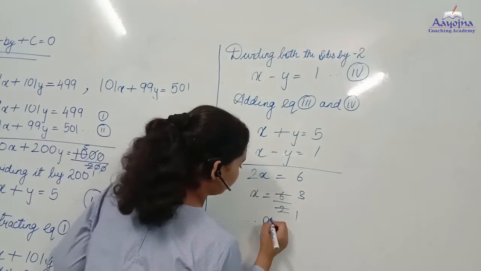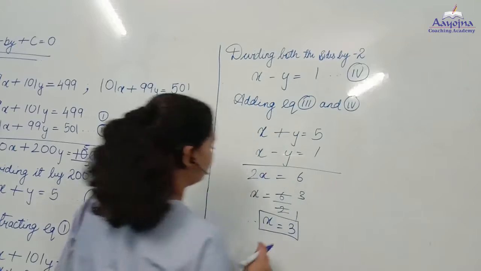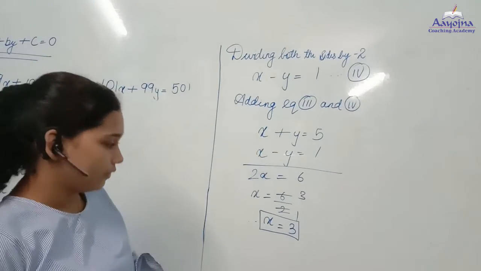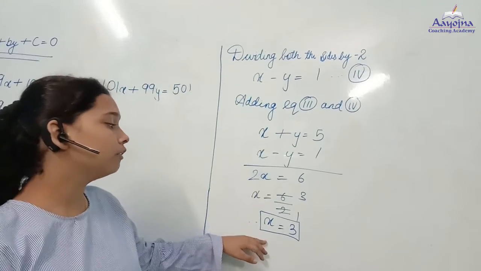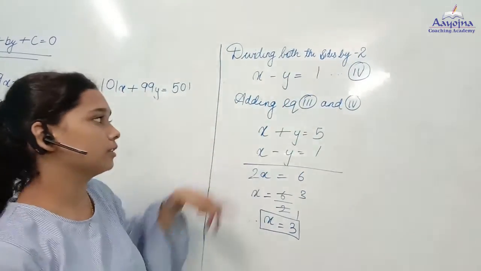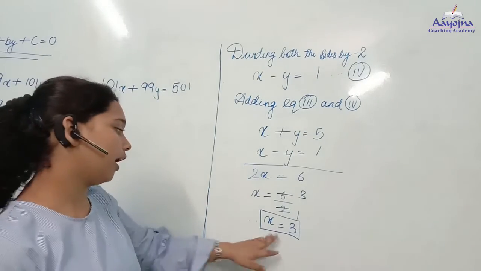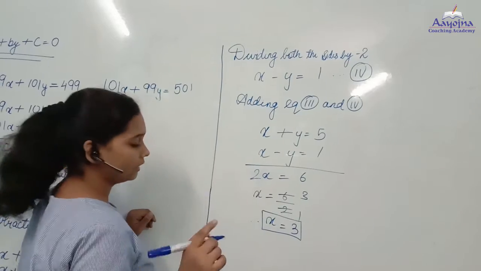Therefore, we get the value of x as 3. Now, after we get the value of x, we want to find the value of y as well. So we will substitute the value of x in either equation 3 or 4. I am substituting the value of x in equation 3. We will have to write the statement too.